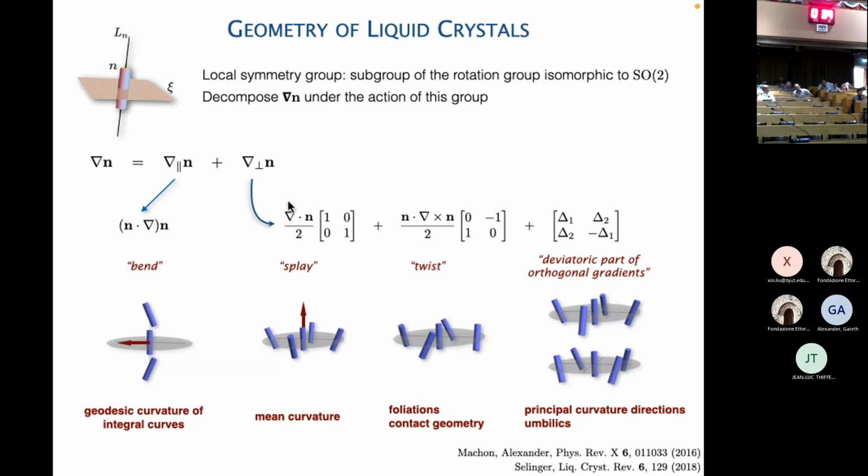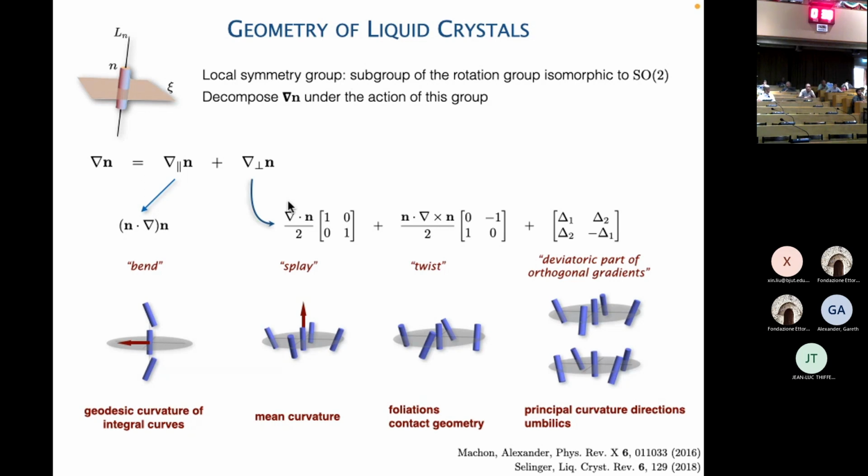It breaks apart into 3 pieces. Those pieces are the identity transformation on the orthogonal plane, the complex structure on the orthogonal plane, and then a piece which we came up with a stupid name for. We refer to it as the deviatoric part of the orthogonal gradients. And if people know of a nice or snappy name, something from about 1850, where people have named this, I would be delighted to hear. So far, I haven't found it, but it seems like a kind of basic thing.